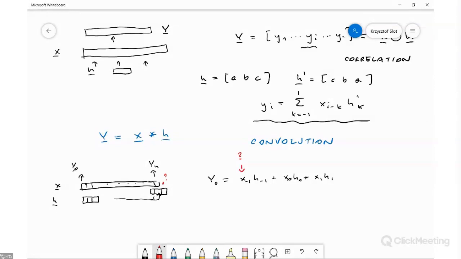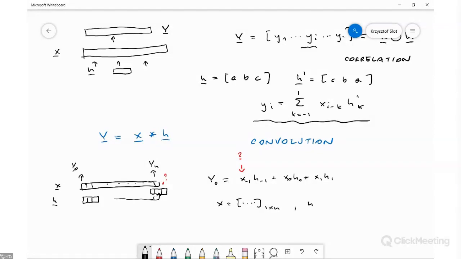It's quite obvious that if I would like to use only actual information that is inside my input vector, then the result of convolution will be shorter. Let's assume my input vector has n elements. Let's make it a row vector, with one row and n columns, n elements.